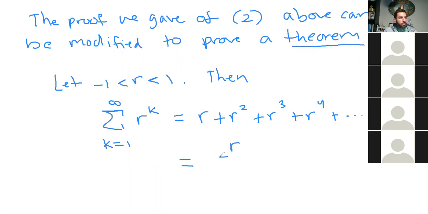It is R divided by 1 minus R. So you can check this with the problem above. If R is 1/2, what do you get? You get 1/2 divided by 1/2, which is 1. So let's put a nice big colorful box around this because it's so beautiful.